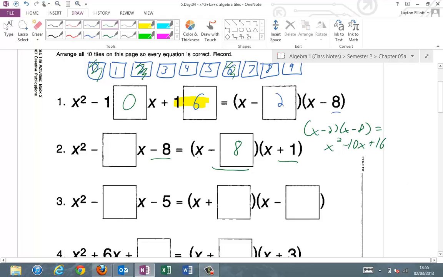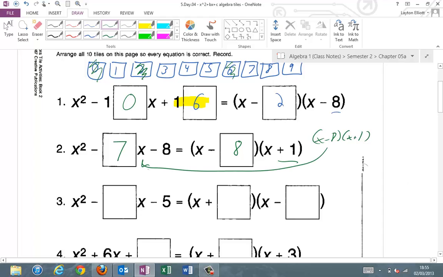Then when I do my outer and inner for foiling, I get x squared plus x minus 8, which means minus 7, so this needs to be a minus 7. Again, if you're having trouble seeing this, let's write it off to the side: x minus 8 and x plus 1, and foil that. And you get this. So that takes care of 8, and that takes care of 7.